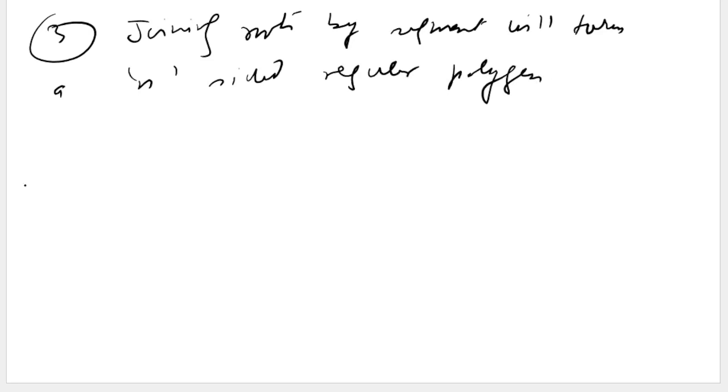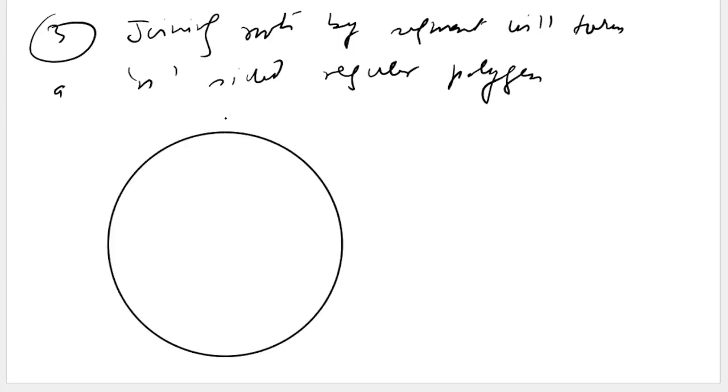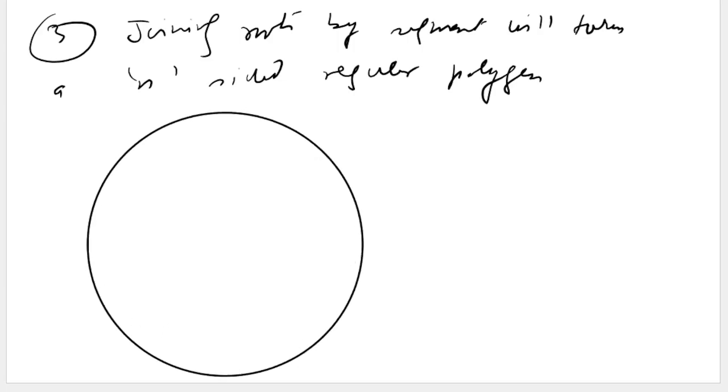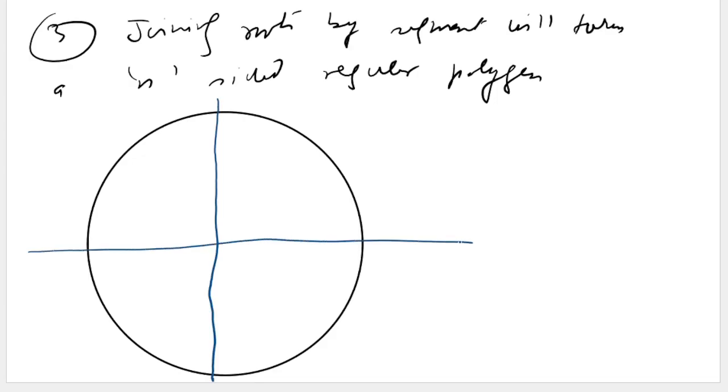What does it mean? We know that the roots z1, z2, z3 lie on a circle with the origin as the center.